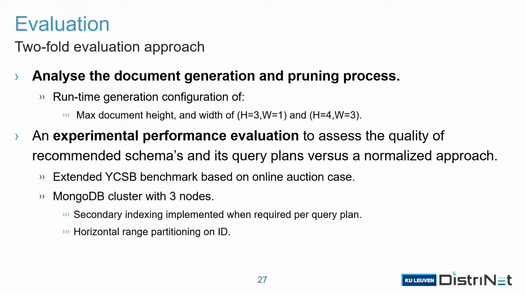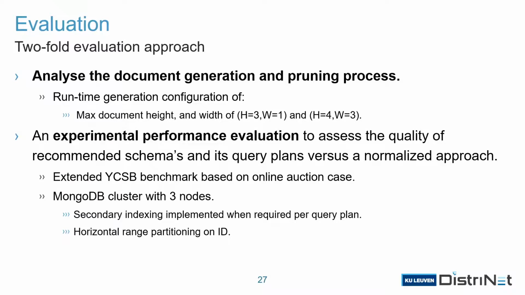One where we limited only the height, so the number of embeddings that could be done, so 3 relationships in turn, but also increased this height and also the width at each node. For example, a single user at the top could embed both his products and his comments and some other relationship. So that's what height and width means. So one is quite narrow and the other runtime configuration also goes a bit more broad.